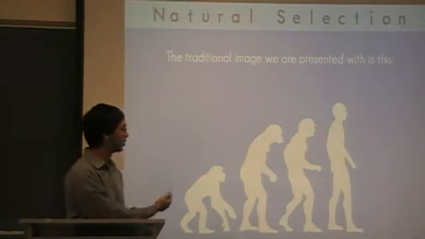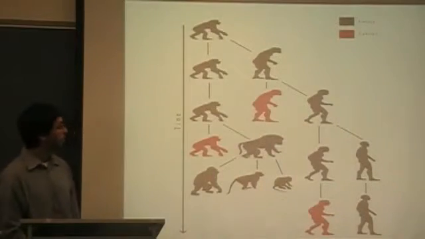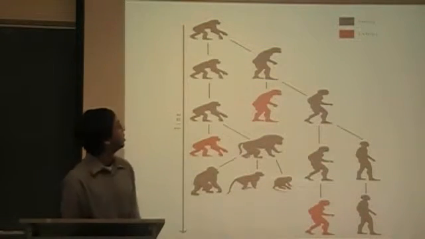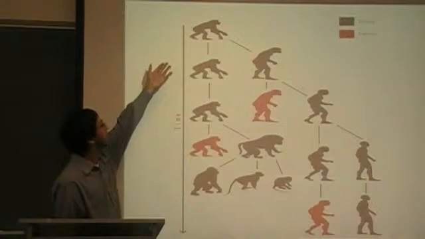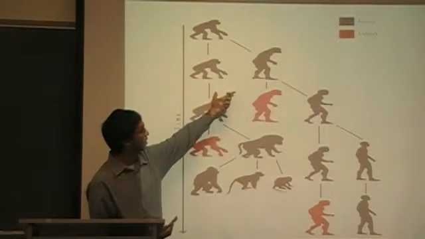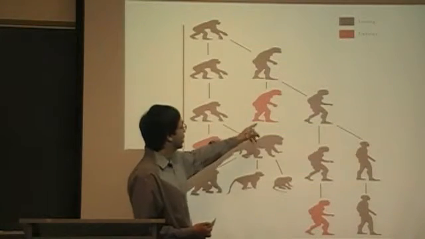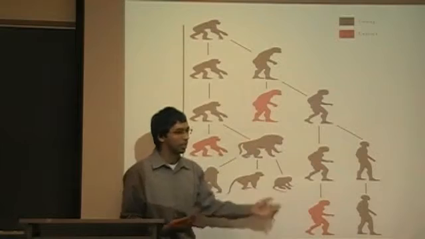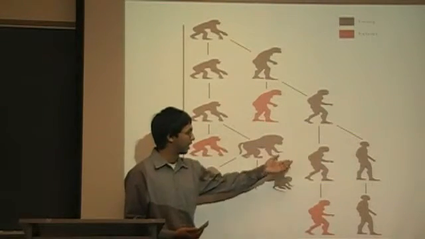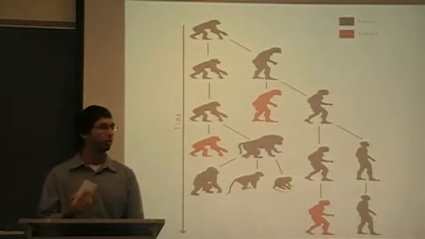It's more accurate to say that we are cousins. This is a more accurate depiction of how evolution works. A couple billion years ago, there was a common ancestor that, depending on its environment, adapted changes to better survive that environment. The ones that were less fit, biologically speaking, died out, while the other ones that were more fit survived and carried on their genes and eventually adapted over time to better suit their environment.